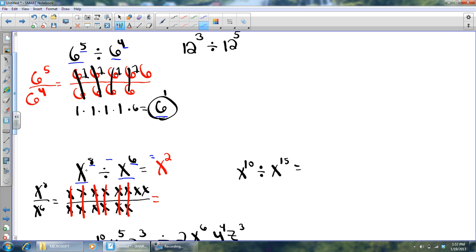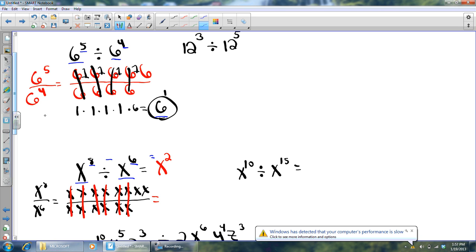When I divide like bases, I subtract the exponents. Did you write that down? When I divide like bases, I subtract the exponents. Yesterday I was multiplying like bases, and so I added the exponents. Division is an inverse of multiplication, so I'm using the inverse of addition, subtraction.